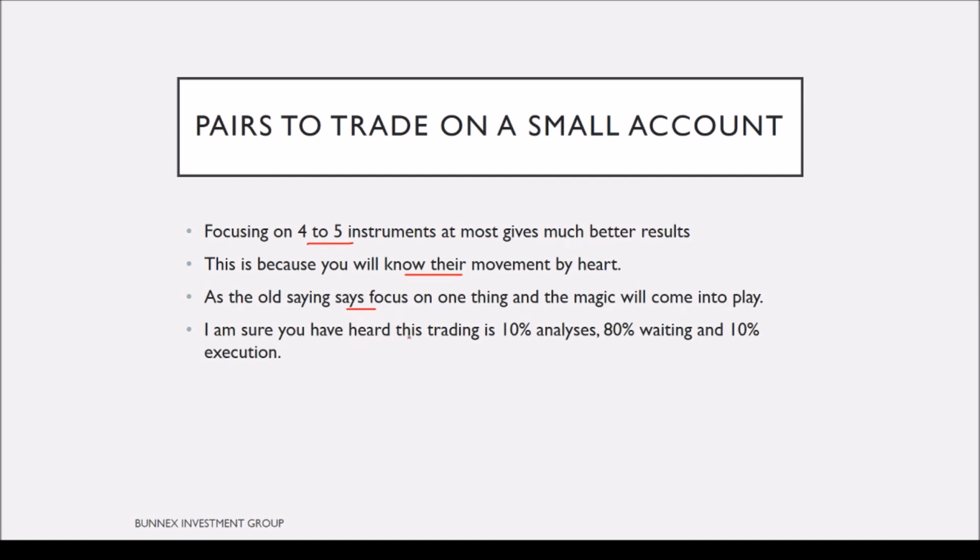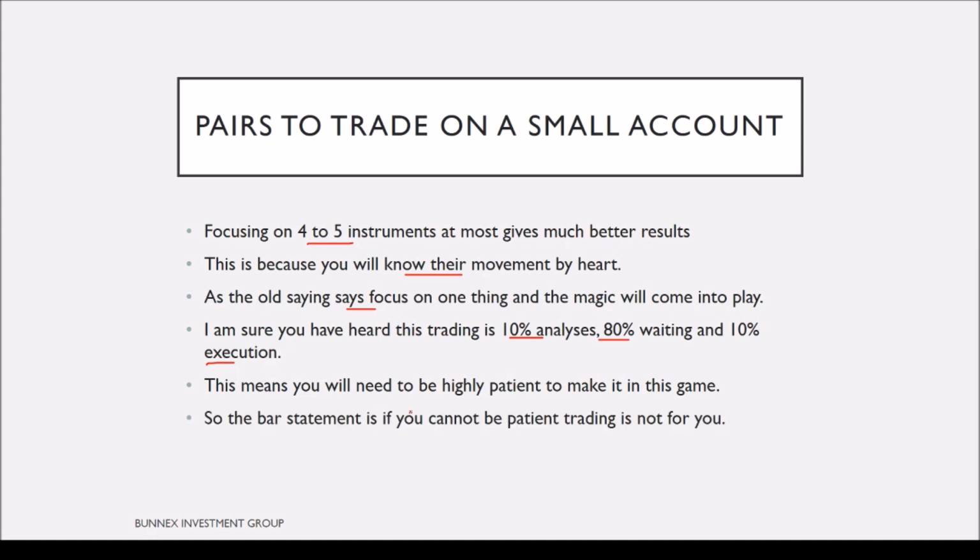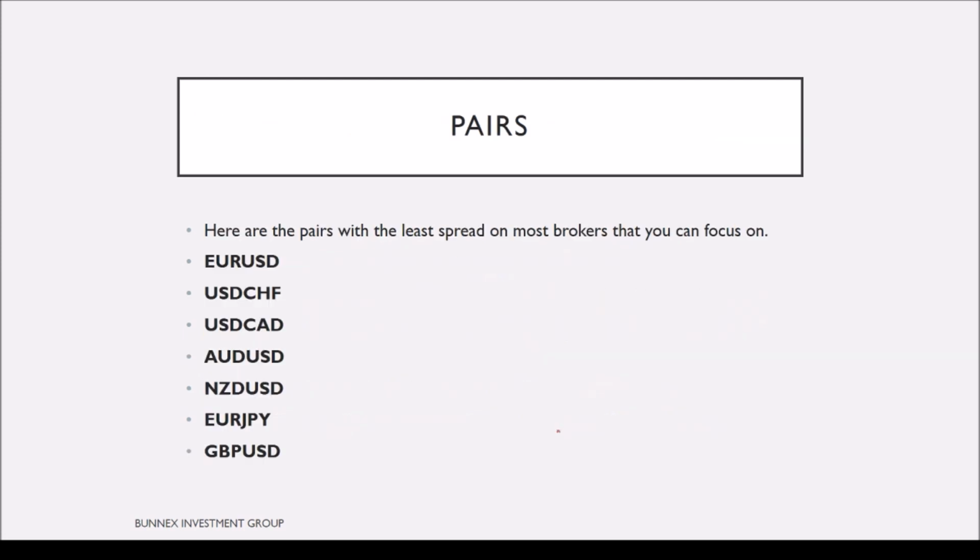I'm sure you have heard this. Trading is 10% analysis, 80% waiting, and 10% execution. This means you will need to be highly patient to make it in this game. So the bottom line is, if you cannot be patient, trading is not for you and you better retire.